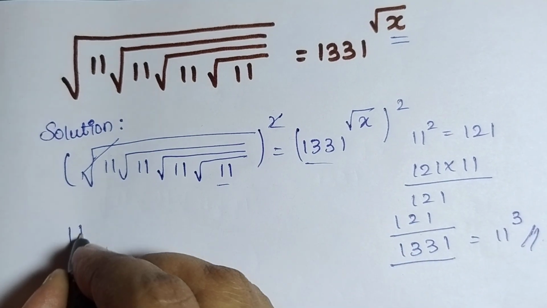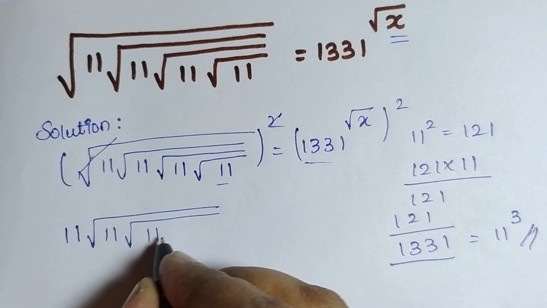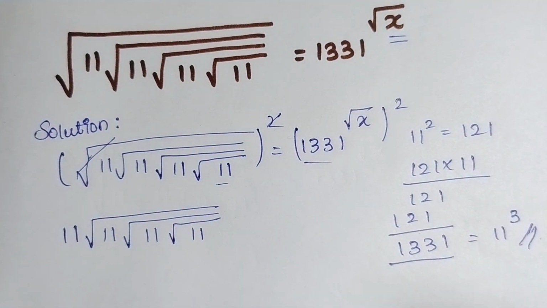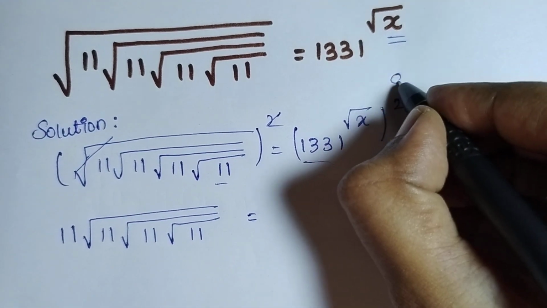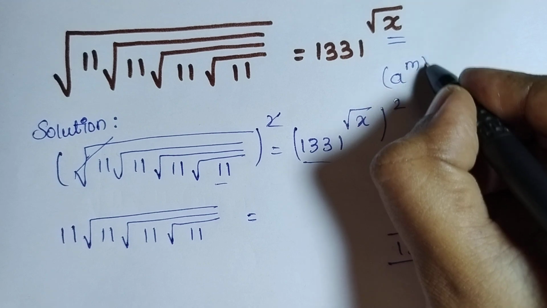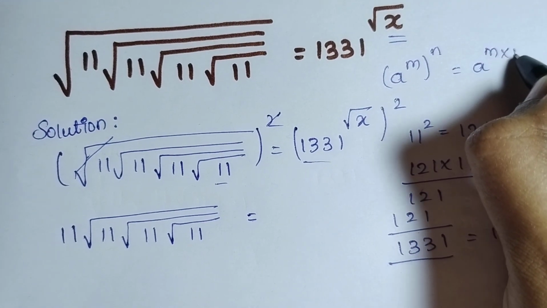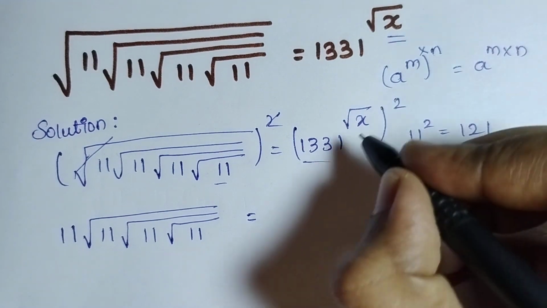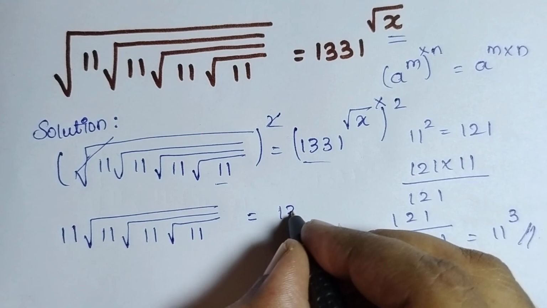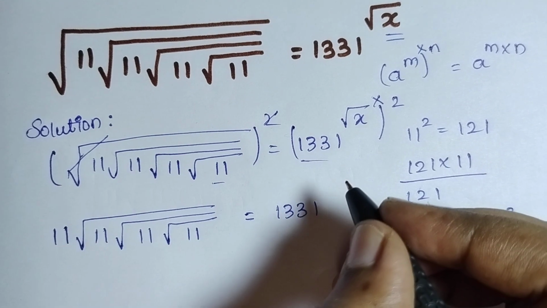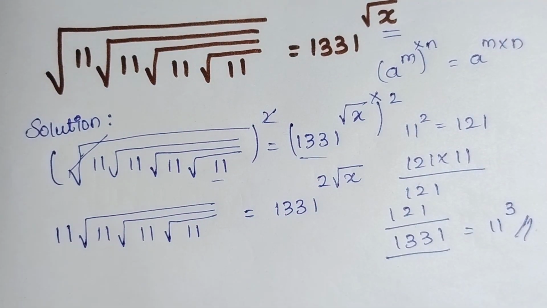Therefore this becomes 11 root 11 inside root 11 inside root 11, which is equal to... this is in the format of a power m the whole power n, which is equal to a power m into n. These both get multiplied. Similarly, if I multiply these two, this becomes 1331 to the power of 2 root x.